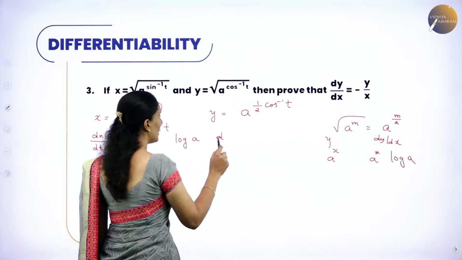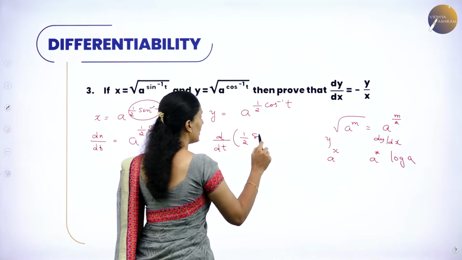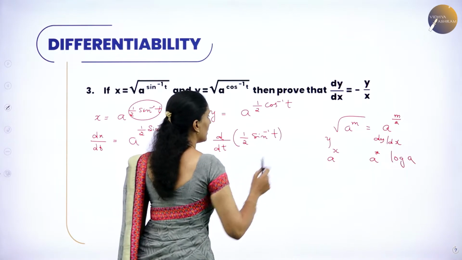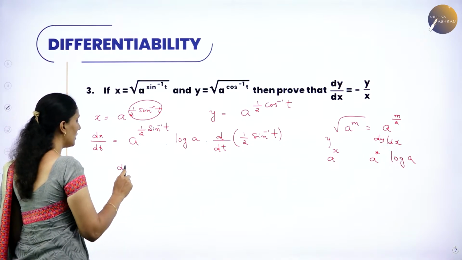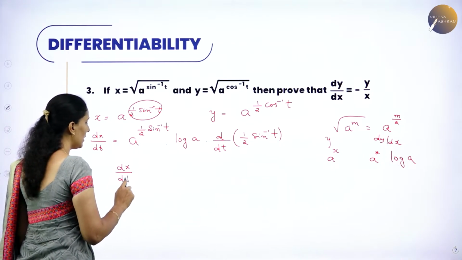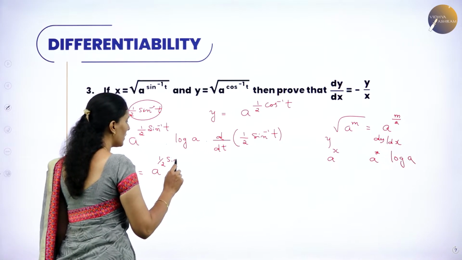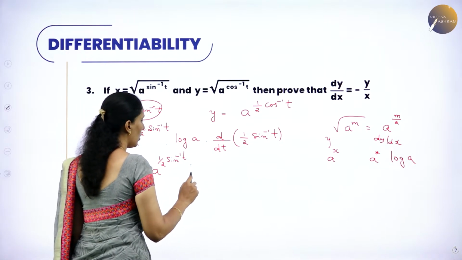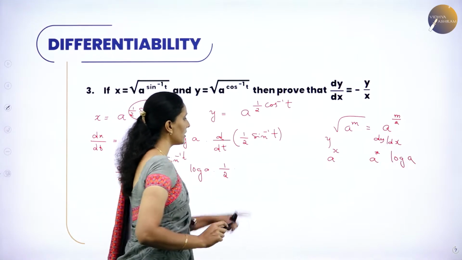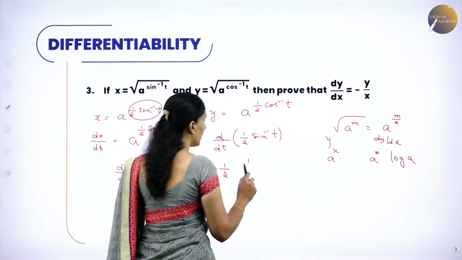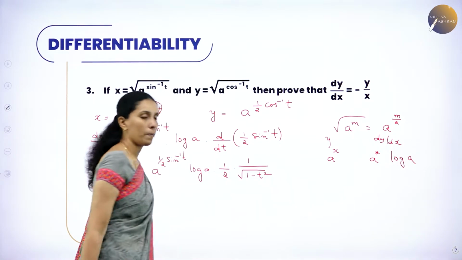That is d/dt of half sine inverse t. Since half is a constant, we can take it out. So we get here dx/dt is equal to a^(1/2 sin inverse t) log a into 1/2. What is the derivative of sine inverse t? It is 1 divided by root of 1 minus t square.